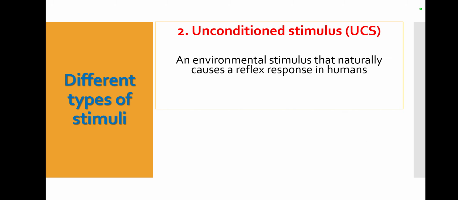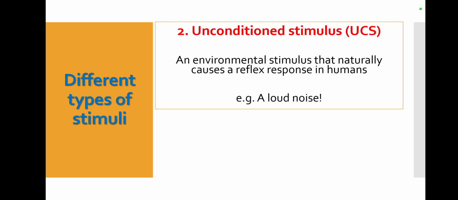Following on from that, we then have unconditioned stimuli. So these are stimulus materials in our environment which have an automatic response in us. They produce a reflex reaction in humans. So for example, like in the case of little Albert, and like with my feather example, a loud noise.